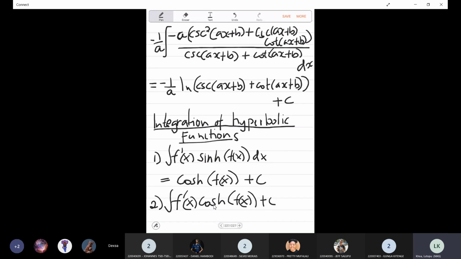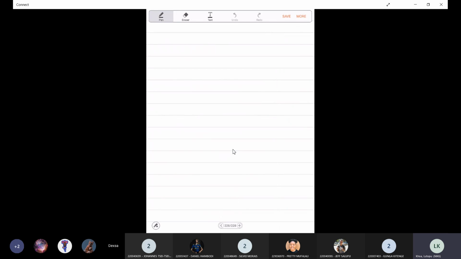The integral of cosh is sinh, so this one is positive, they're both positive. And then don't forget your constant of integration.